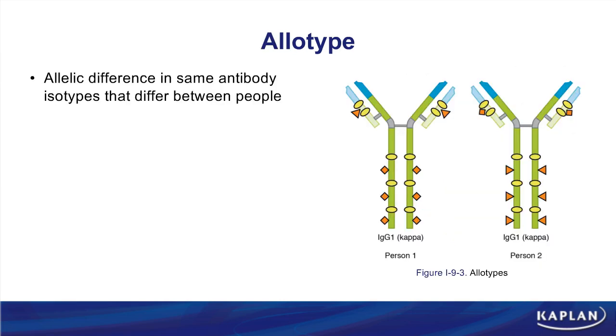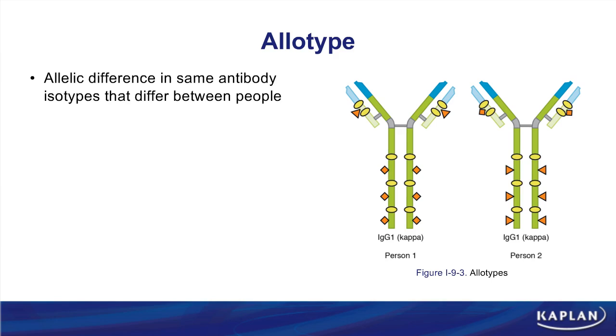We have one last characteristic of antibodies that we need to discuss with you, and this is the allotype. The allotype, notice the part allo in there, is going to refer to our allelic differences that people are going to have in between the same isotype. So what I want you to consider is that the heavy chain gene is always represented by 2 alleles.